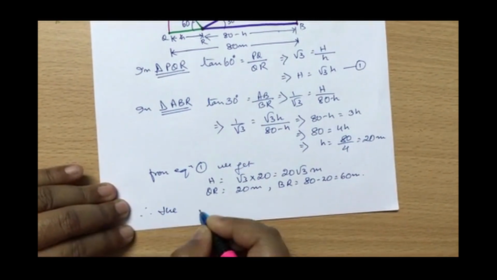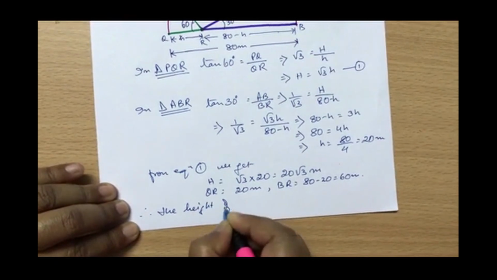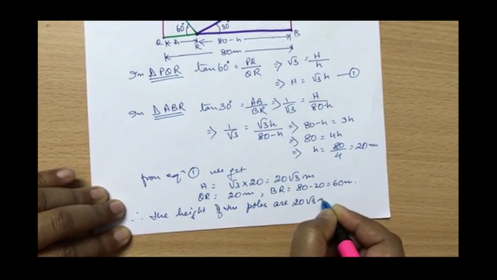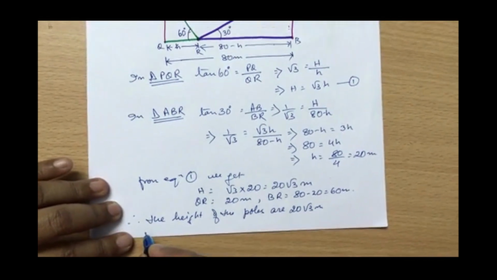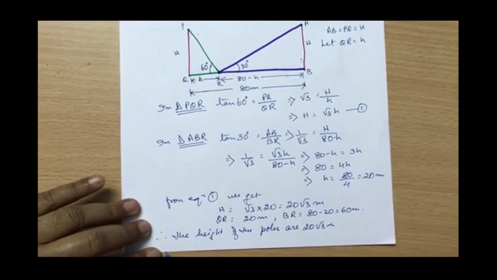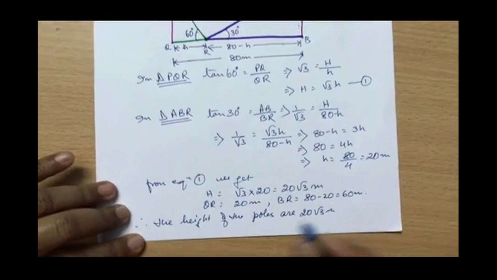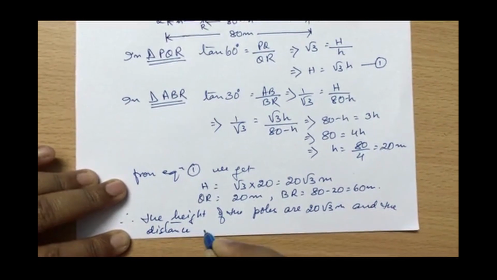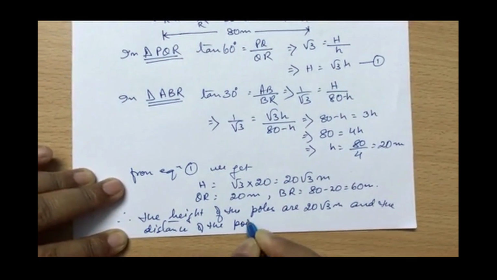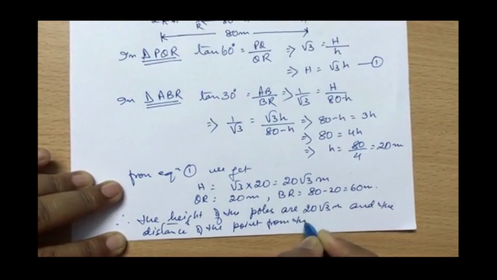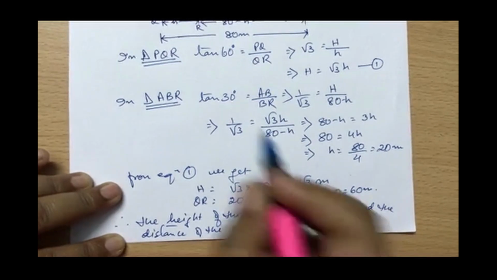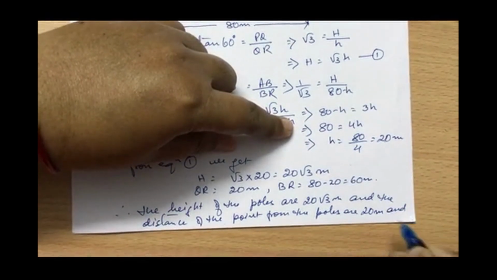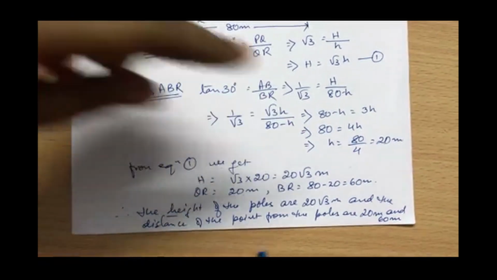So what is the final statement I can write? Therefore, the height of the poles are 20 root 3 meter, and the distance of the point from the poles are 20 meter and 60 meter respectively.